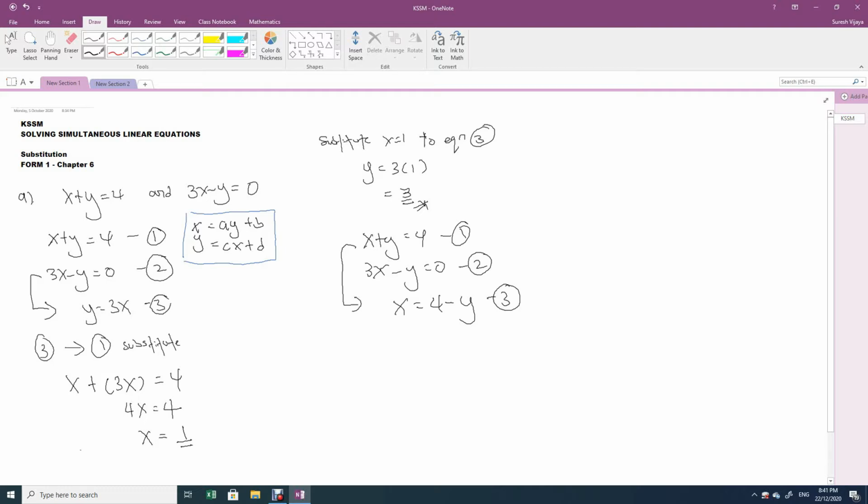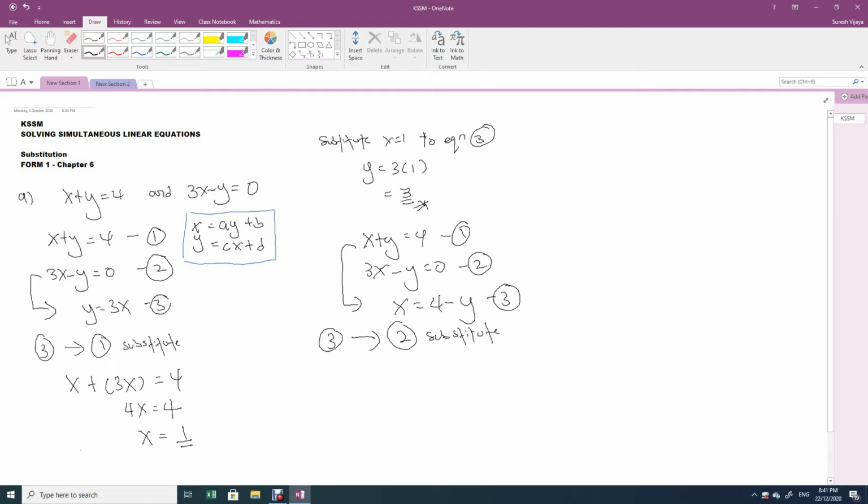So once we have transformed to this form, what we need to do next is substitute equation 3 into equation 2. So how do we do that?